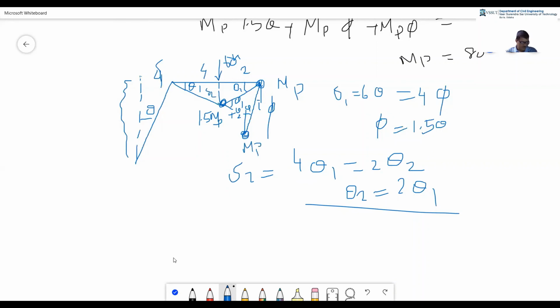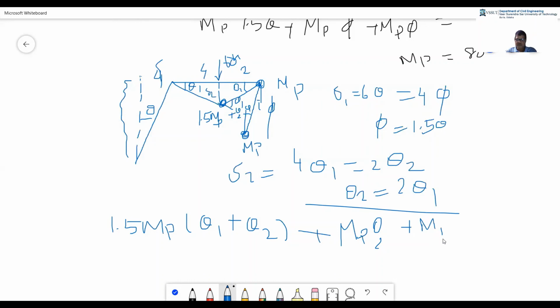So write the equation: 1.5 MP into theta 1 plus theta 2, plus MP into theta 2, and then MP into this theta 2, plus MP into here, is equal to 1.5 theta.